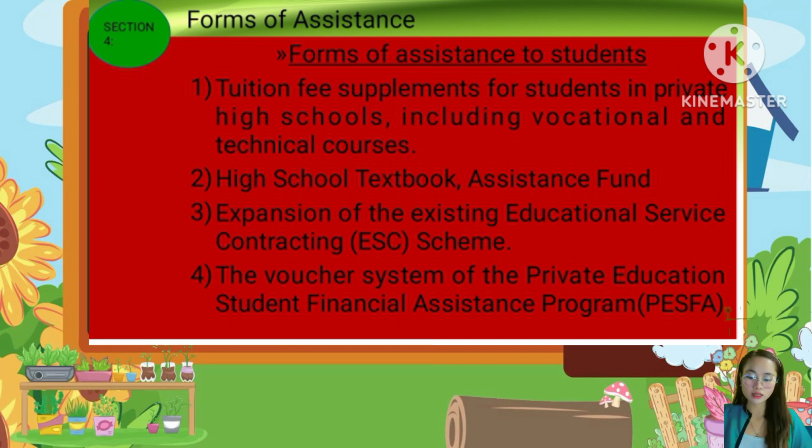The provided textbook assistance shall be granted only to beneficiaries of tuition fee supplements and educational services provided under this Act. Another is the expansion of the existing educational service contracting, or ESC, scheme. Fourth, the voucher system and the Private Education Student Financial Assistance Program, or PESFA.